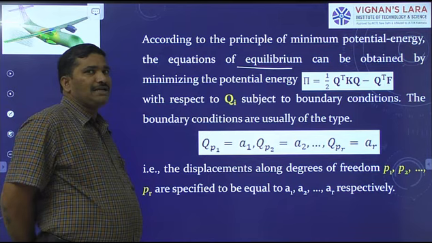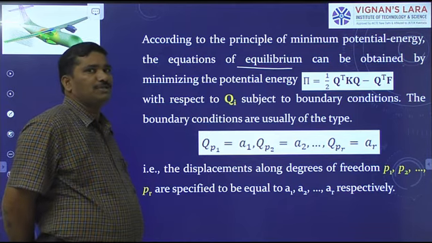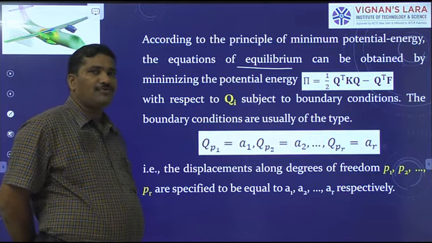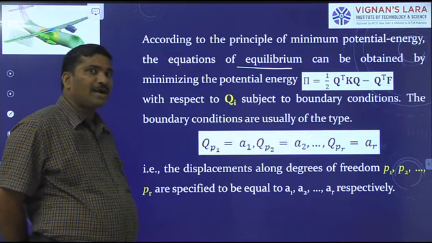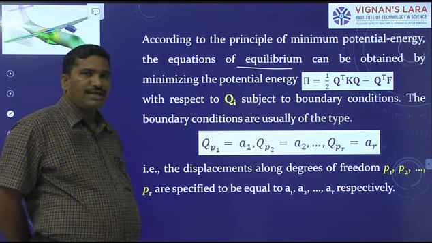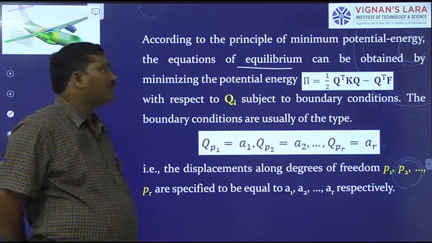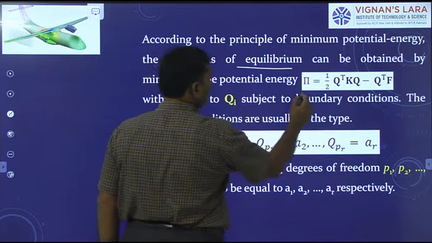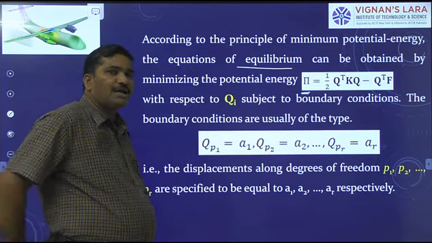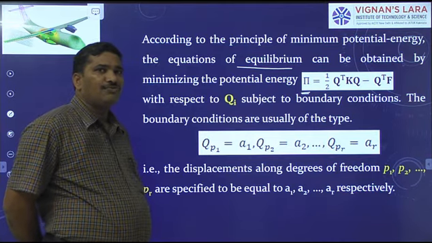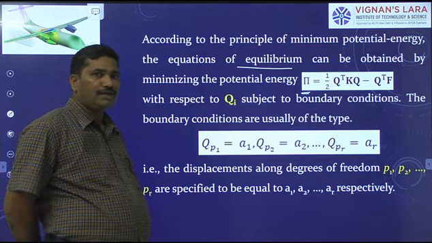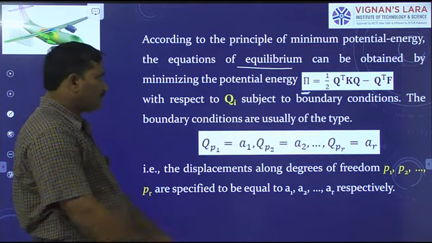Of all the kinematically admissible displacements, those corresponding to the state of equilibrium will extremize the total potential energy. If the extremum of the total potential energy is minimum, then the state of equilibrium is stable, right?